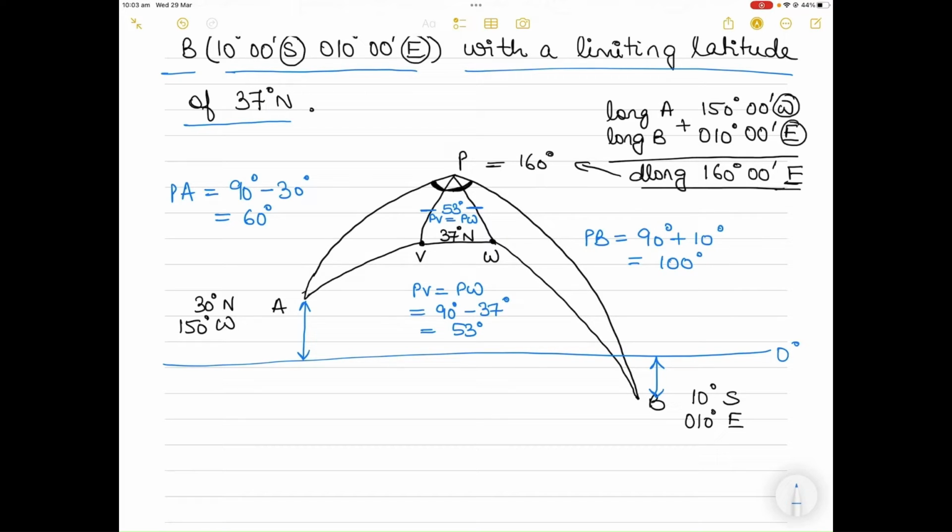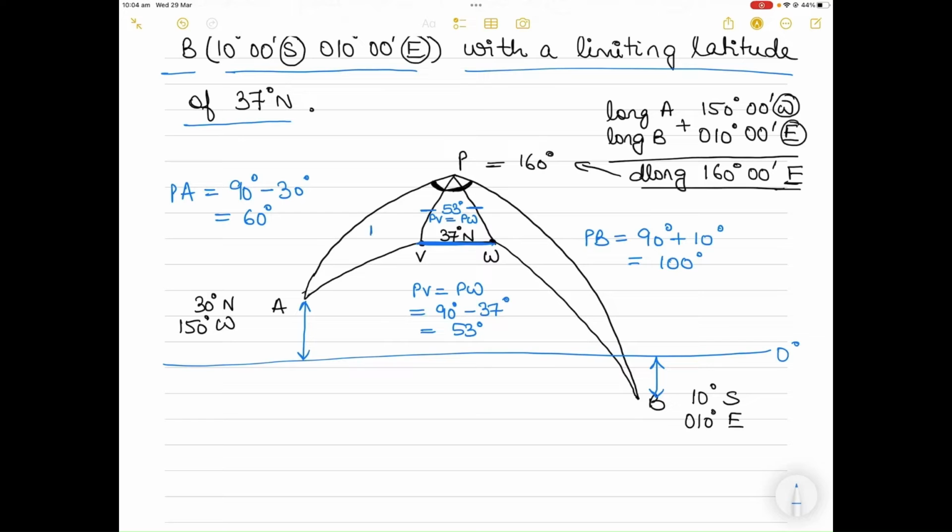This is similar to PA, because from pole to the equator is 90, and points V and W are on the limiting latitude, the latitude along which the vessel will do parallel sailing. This is the same latitude of 37 degrees north, so that is 37. So from V and W to the equator is 37. So PV or PW should be 90 minus 37, which is 53 degrees.